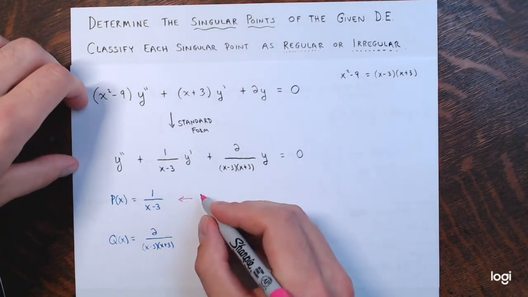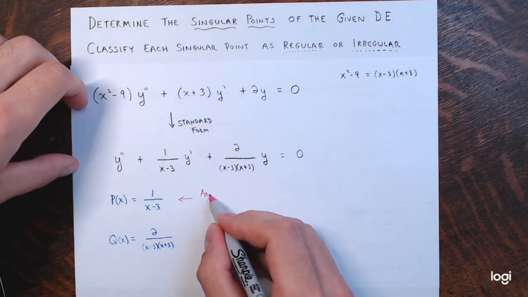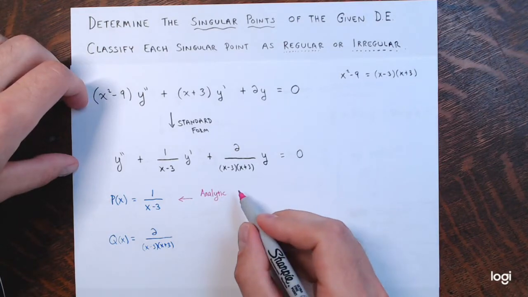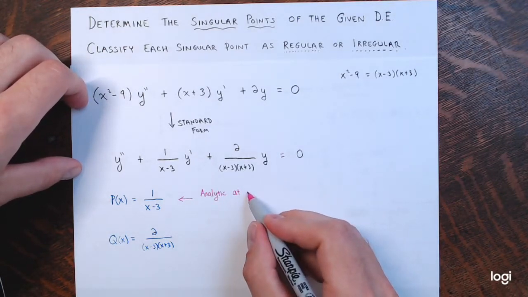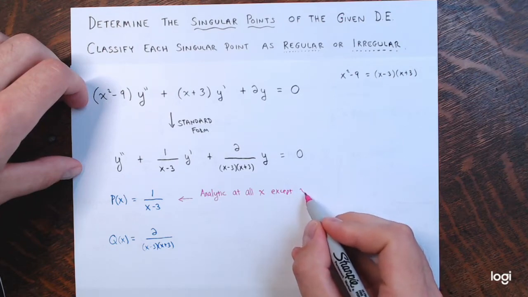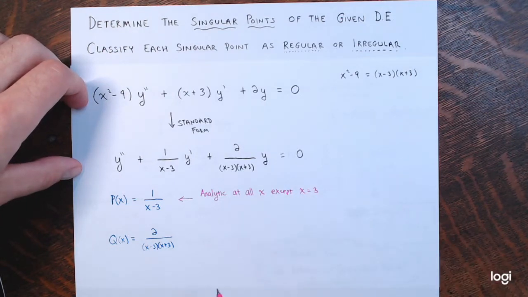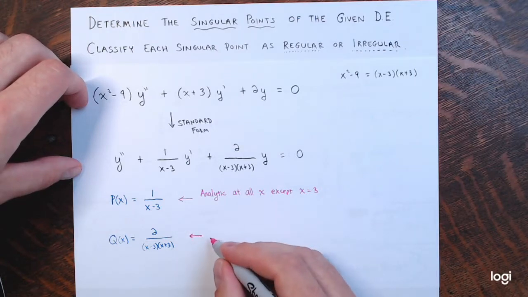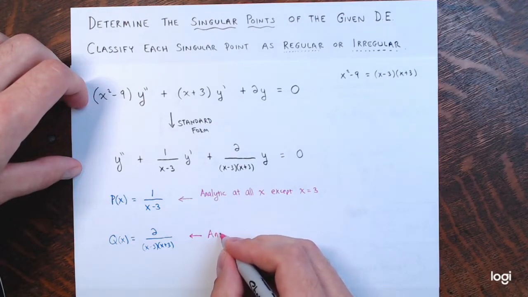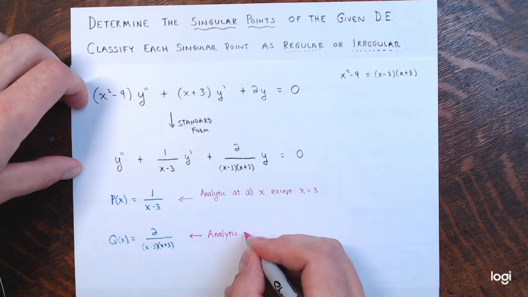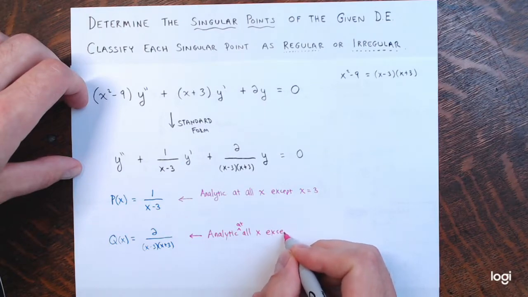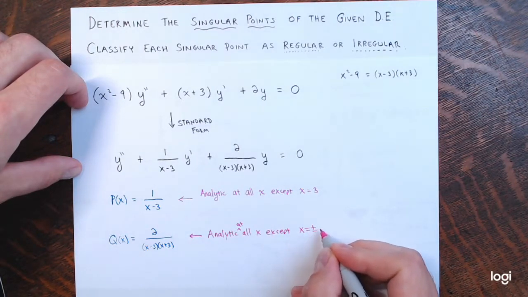So this P of x is analytic at all x except x equals 3. And this Q of x is analytic at all x except x equals plus or minus 3.